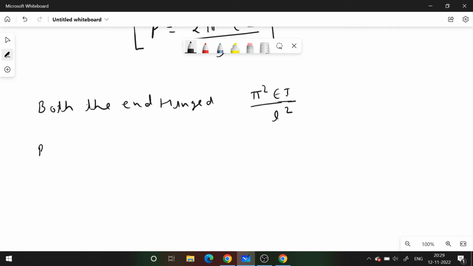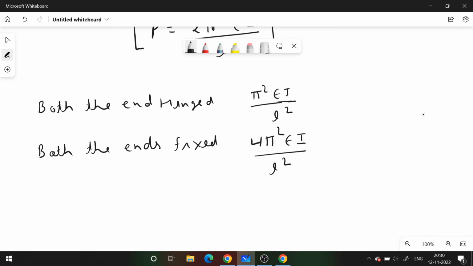And when both the ends are fixed, buckling load will be equal to 4 pi square EI upon L square.